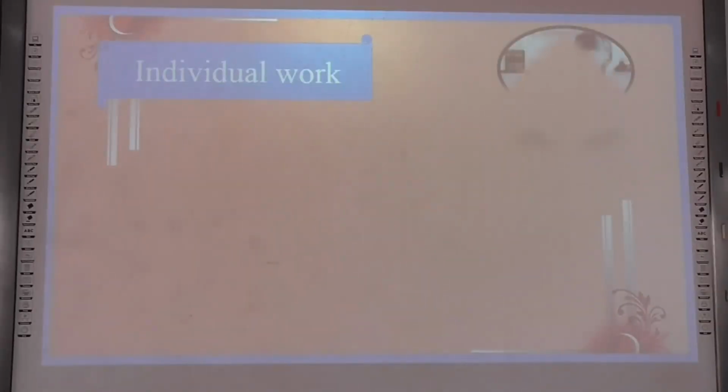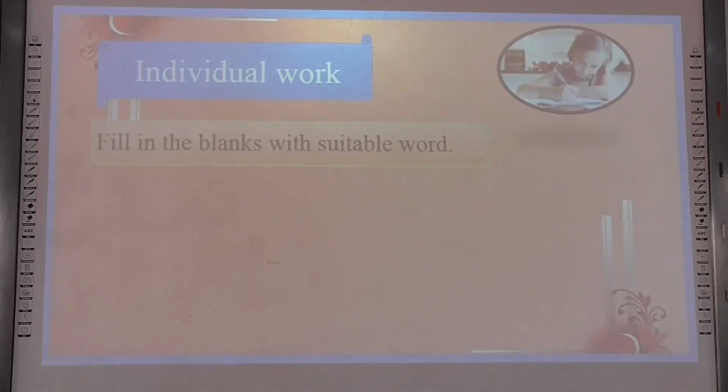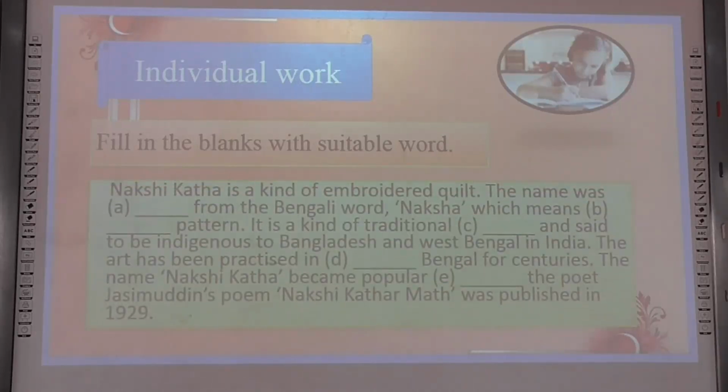So my dear students, here is an individual work for you. It's a fill in the blanks with suitable word. So let me read it. Nakshi Katha is a kind of embroidered quilt. The name was taken from the Bengali word Naksha, which means artistic pattern.